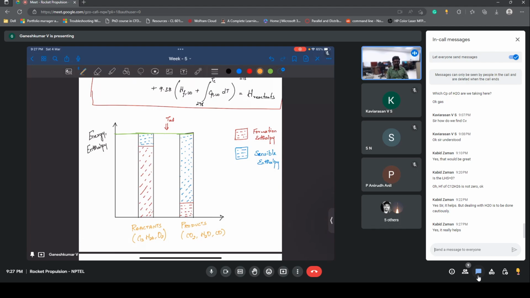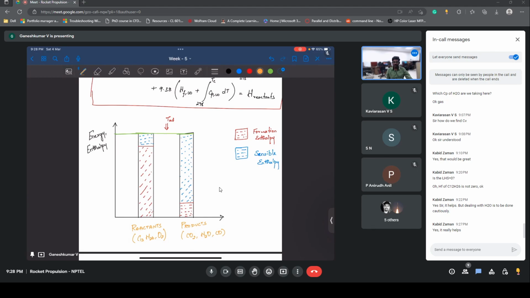That's all. There might be some questions in week 6, I suppose, let me have a look at it, which might have a higher initial temperature, right? At that time, you need to take care of it. That's all. So this carbon powder is at 25, no problem.